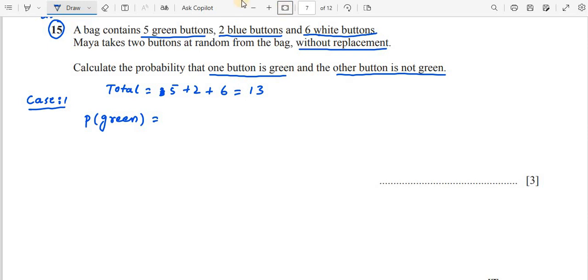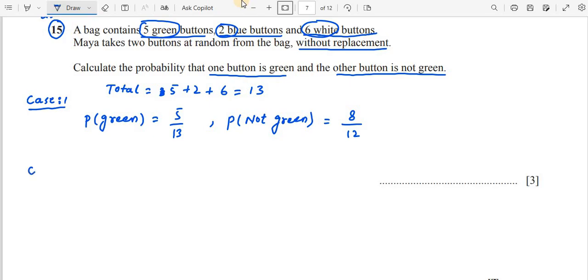The green buttons are 5, so 5 out of 13. And the second possibility is the probability of not green. Not green is 2 blue and 6 white, which is 8, over 12, because one green is already taken. That's why we write 12.